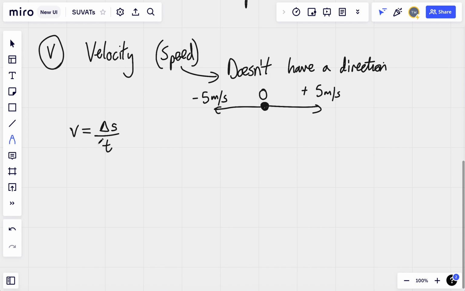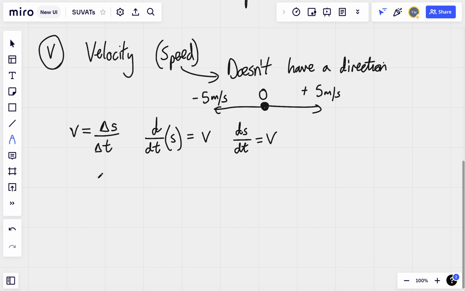Another way I could say this is that if I differentiate my displacement, as in I do d by dt, differentiate with respect to time, of s, that gives me my velocity. So ds by dt is v.